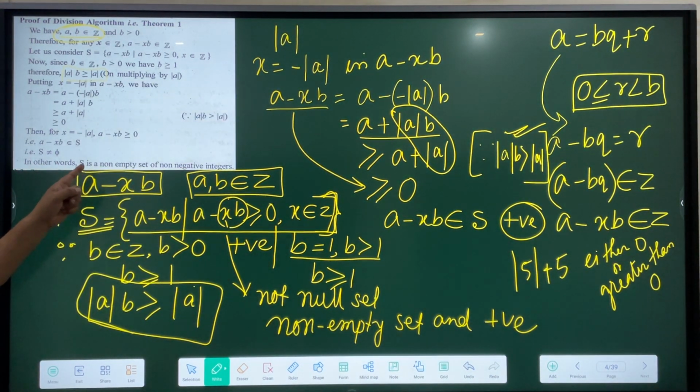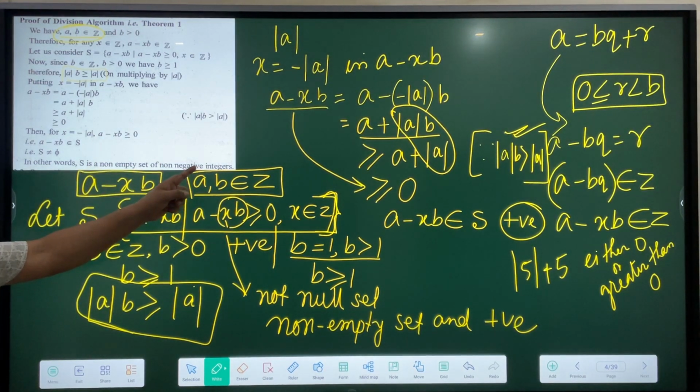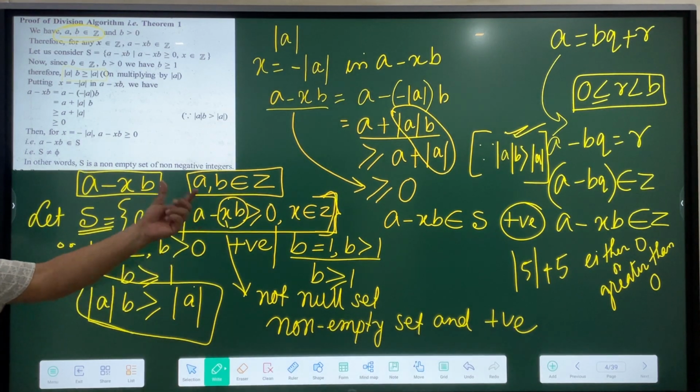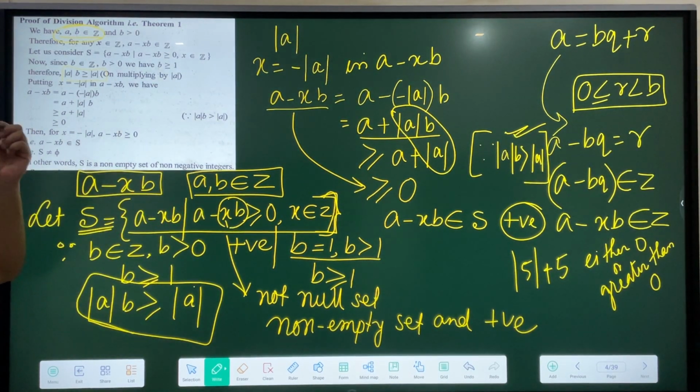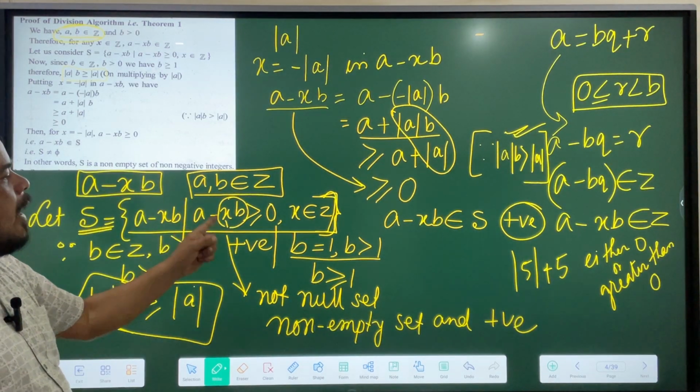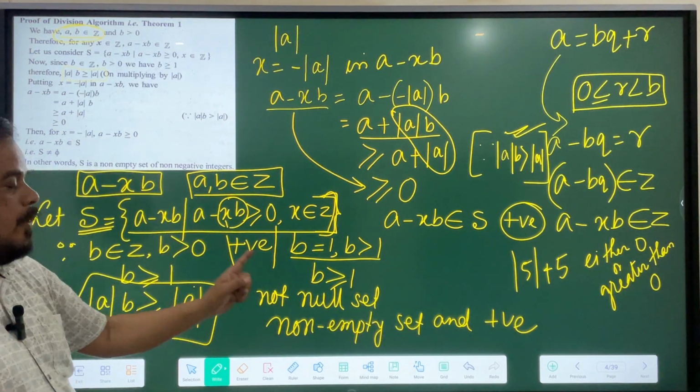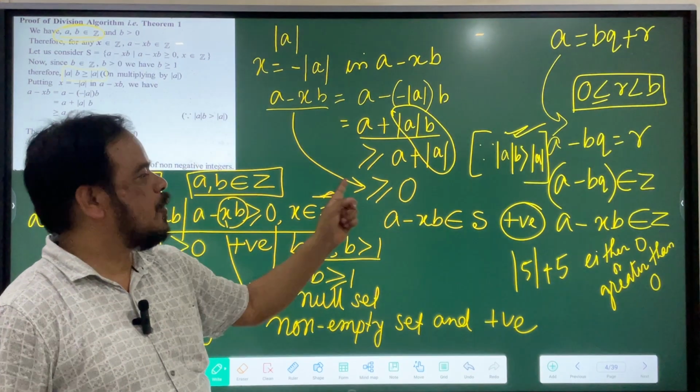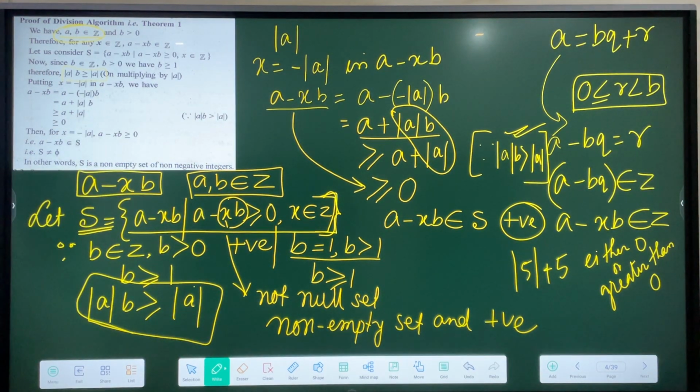In other words, S is a non-empty set of non-negative integers. So A minus xb, we will always get some number, and always a non-negative integer, because it is greater than or equal to 0. This is theorem number 1.